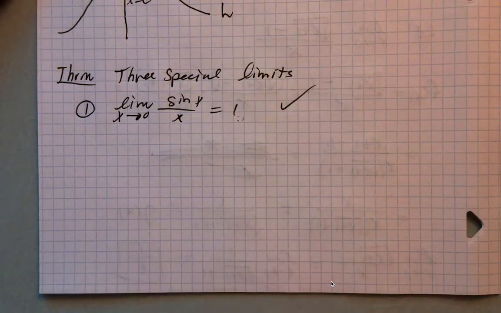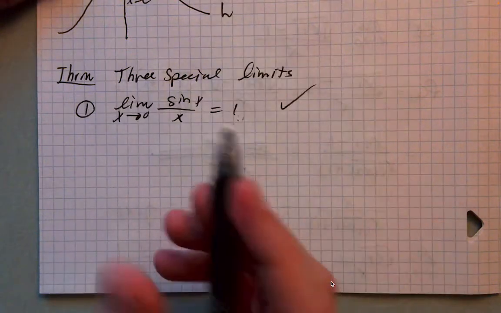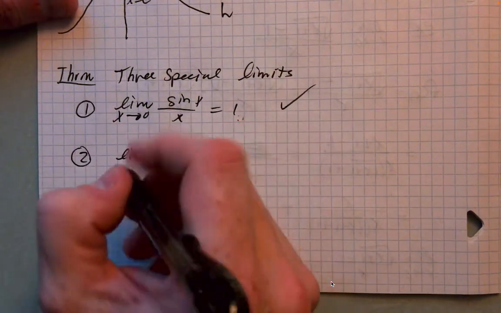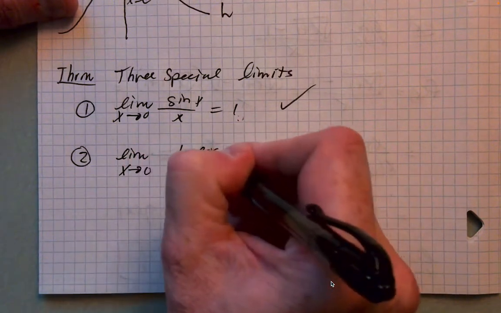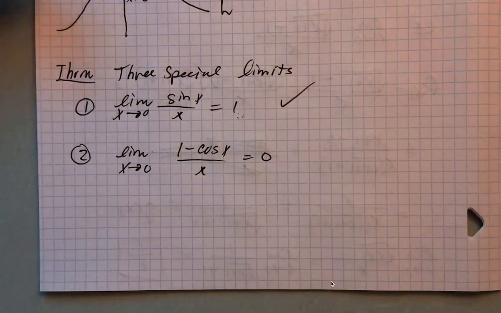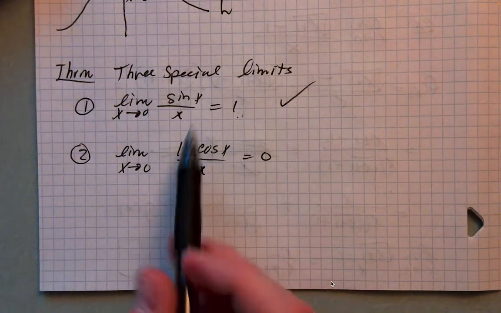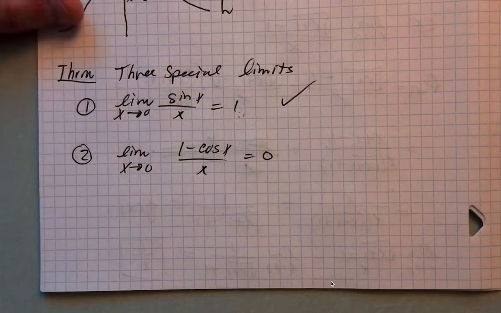It's got a very nice, very elegant proof that uses the squeeze theorem. The second one that is useful would be the limit as x approaches 0 of (1 minus cos x) over x. That one is equal to 0. All right, so 1 minus the cosine of x, divided by x, heads to 0 as x approaches 0.